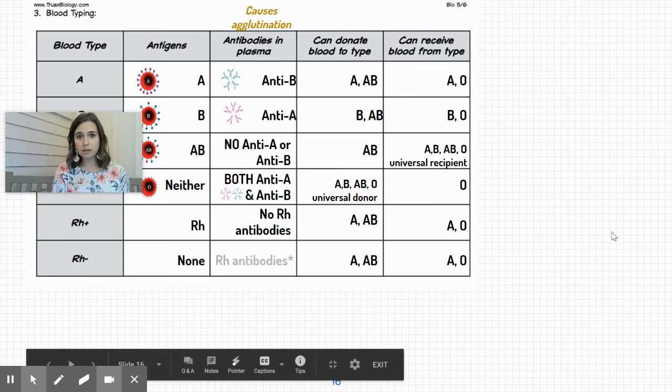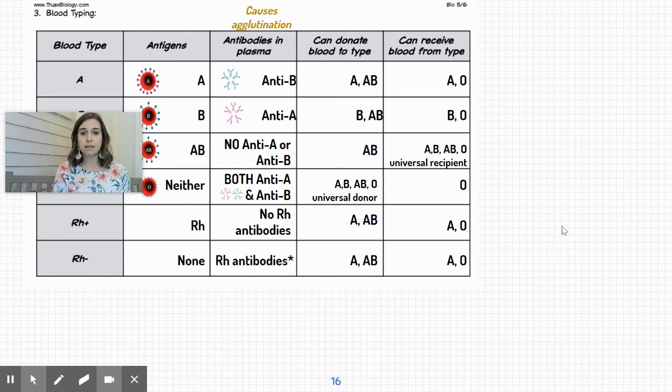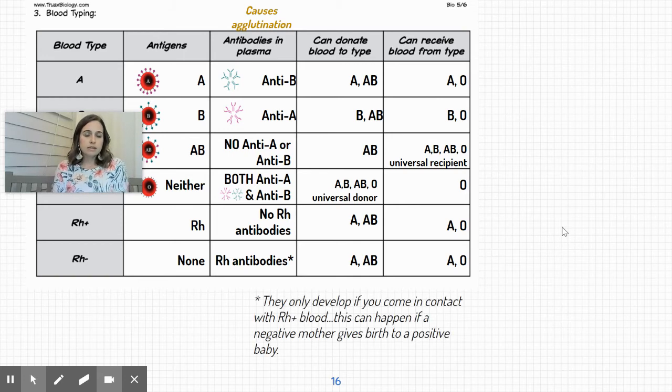So let's talk about what I mean by this idea that there are sometimes maybe Rh antibodies. You don't necessarily need to write all of this down, but it only develops if you've previously come in contact with Rh positive blood. So kind of like the chicken pox. If I've never had the vaccine for the chicken pox and I've never actually had the chicken pox, then I won't have any chicken pox antibodies, and so my body wouldn't recognize it the first time it came in contact with it.